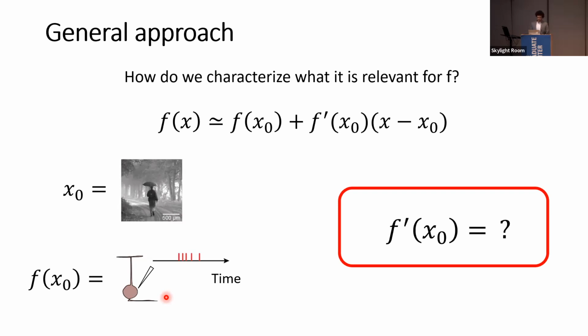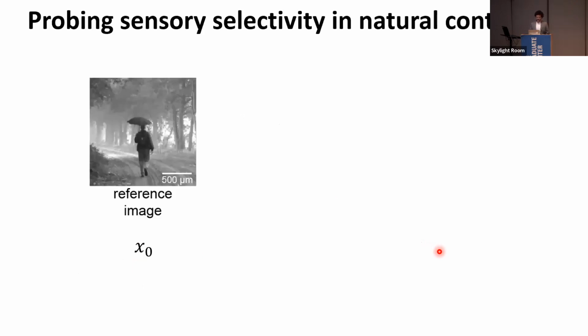And also, by measuring f prime of x0 at a lot of x0s across the stimulus space, we want to see if we can characterize what visual feature this sensory neuron is responding to.